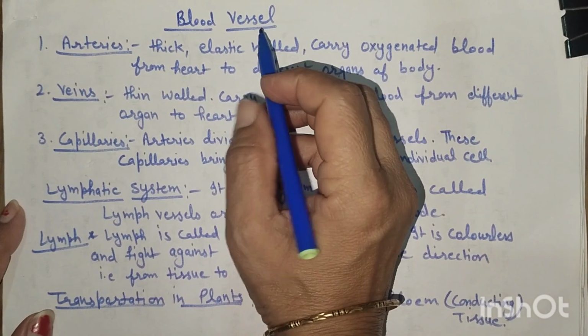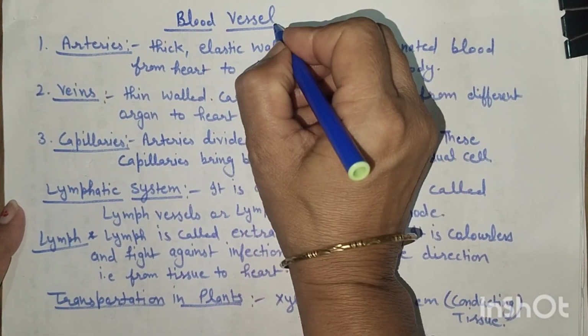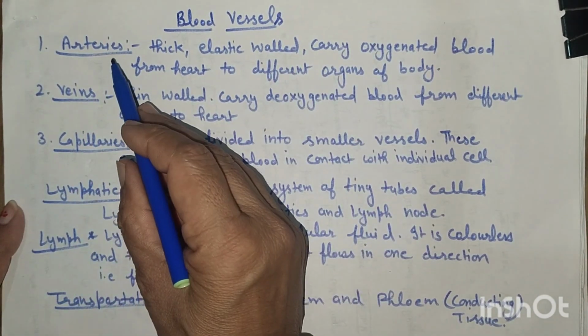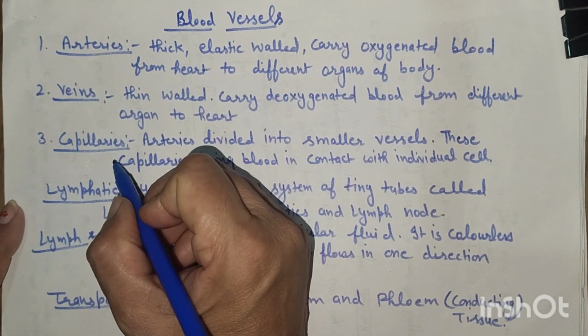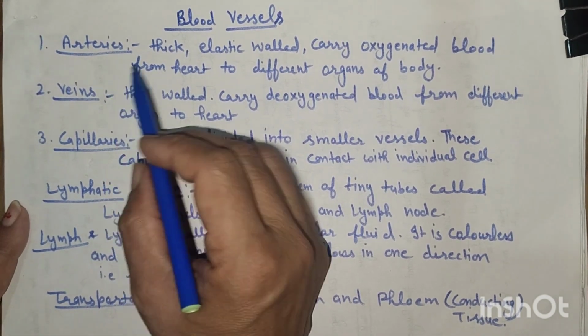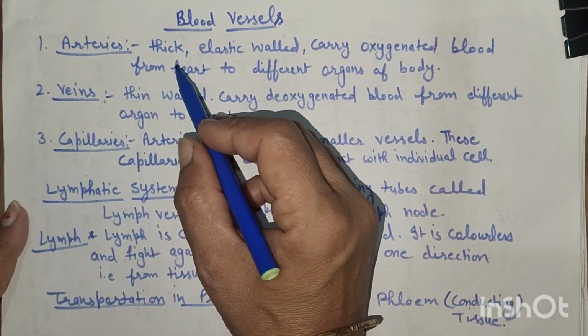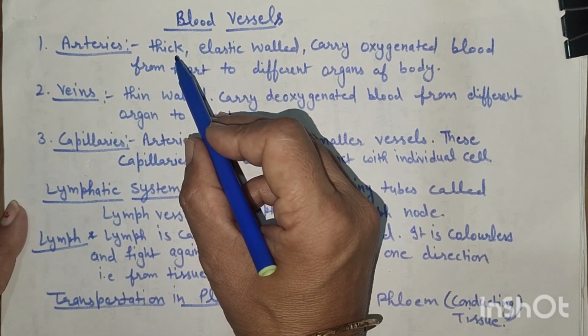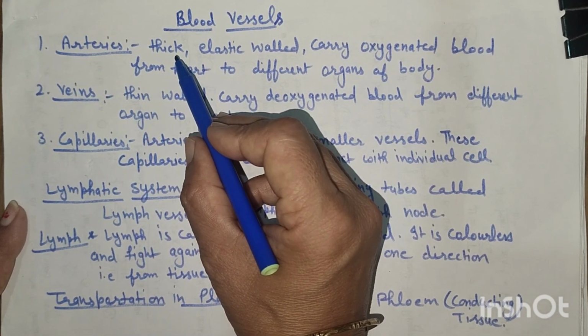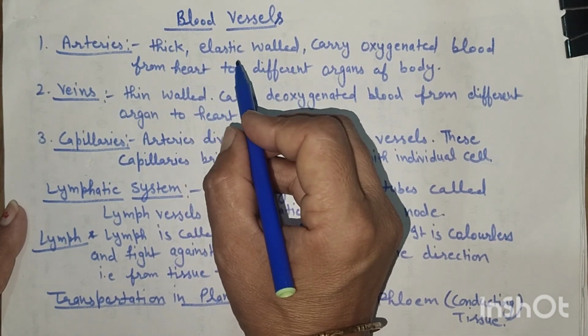There are different types of blood vessels: arteries, veins, and capillaries. Arteries are thick walled because they supply blood to the whole body. They have more pressure on their walls, which is why they are thick and more elastic.